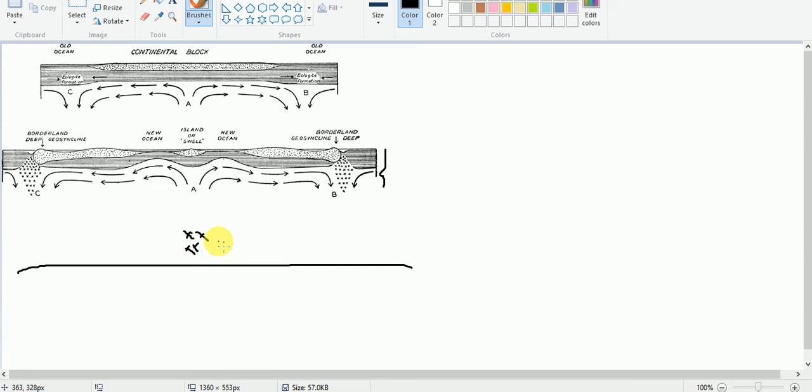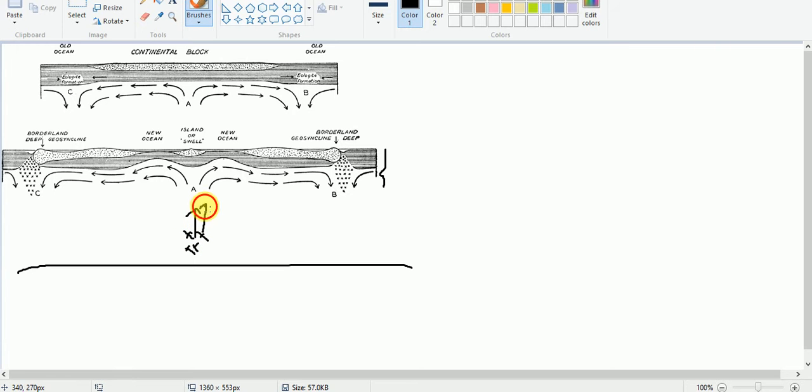And when these radioactive elements decay, they release a great amount of heat energy, and that is why the rocks here are melted. The rocks here are turned into magma, and it rises upwards.